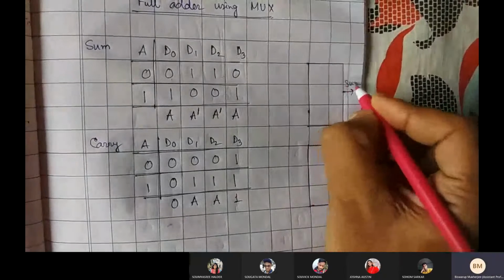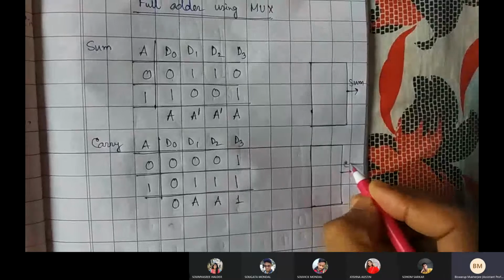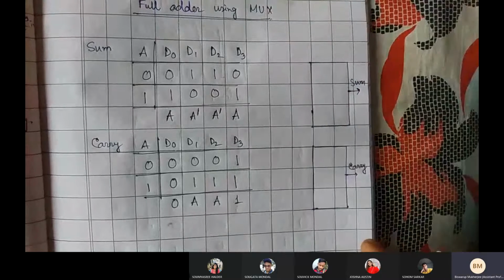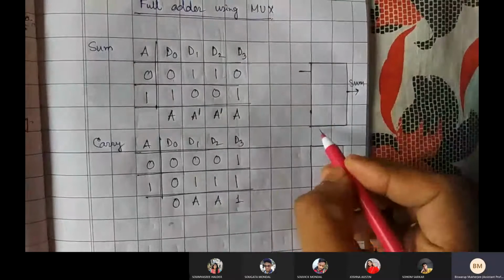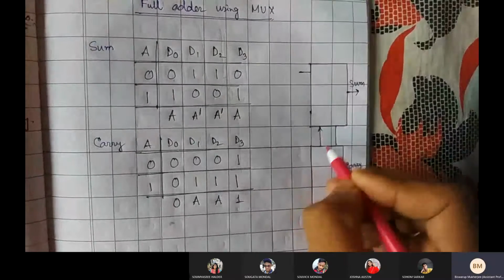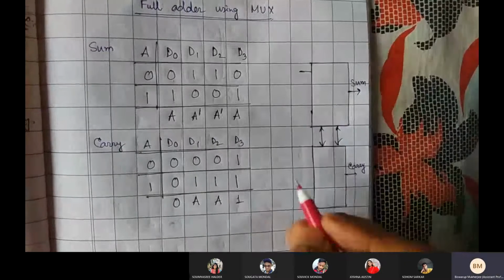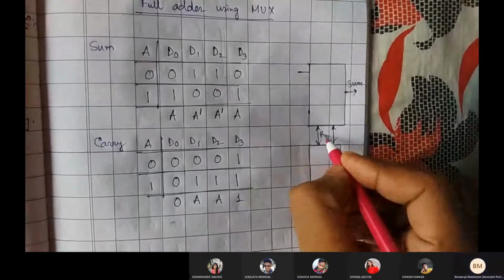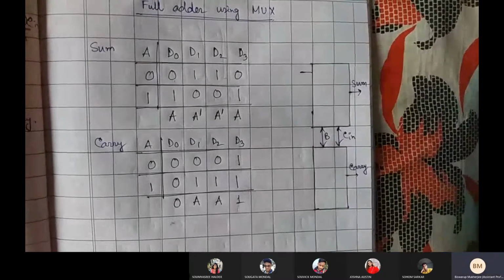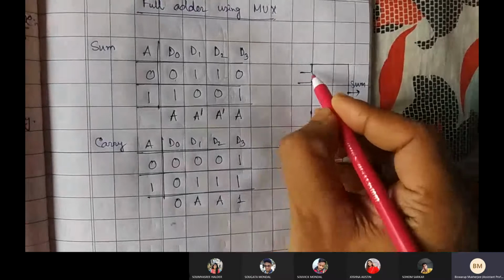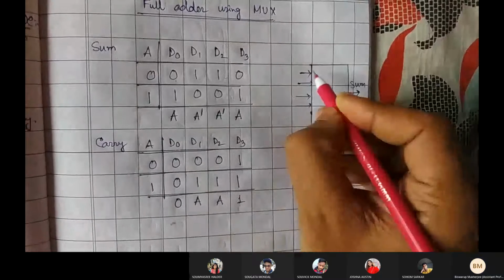One will generate the sum, the second will generate the carry. All these multiplexers have common select lines, which are B and C in. So 4 data inputs will be there as D0, D1, D2, D3. Similarly here also D0, D1, D2, and D3.